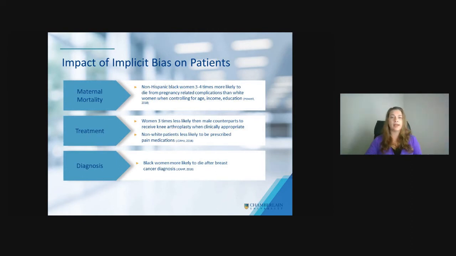So let's look at the impact of implicit bias on patients. Again, we shared some more general examples earlier, and these are some more specific impacts on patients.